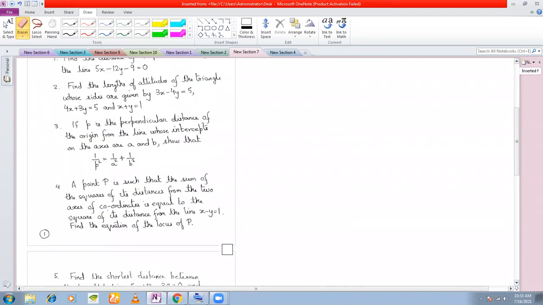Okay, number 3. The question here is, if p is the perpendicular distance of the origin from the line whose intercepts on the axes are a and b. Let's see how it looks like.